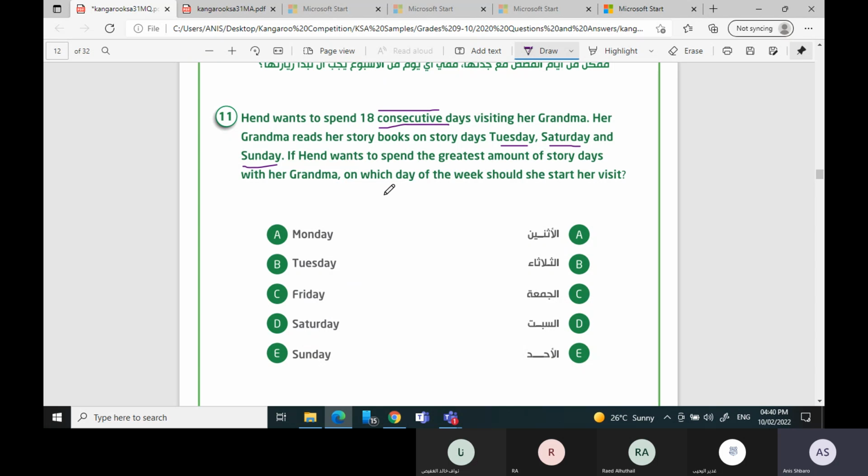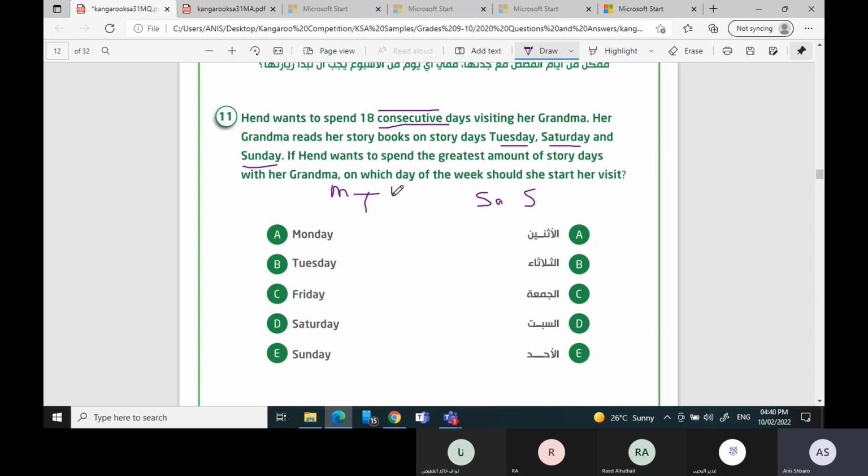So I know that the stories are only given on Tuesday, Saturday, I'll denote it by SA, and Sunday. So the days left, I'm going to write them up.